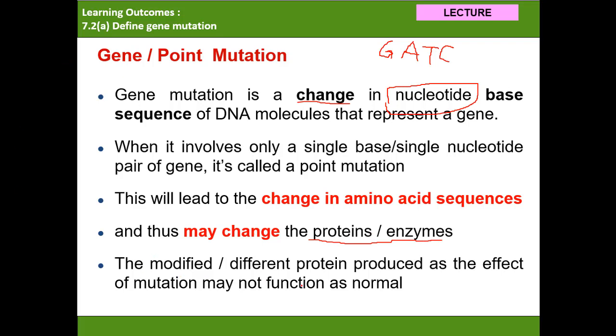The modified or different protein produced as the effect of mutation may not function as normal. So in this slide, you must remember the definition for gene mutation: a change in nucleotide base sequence of DNA molecules.